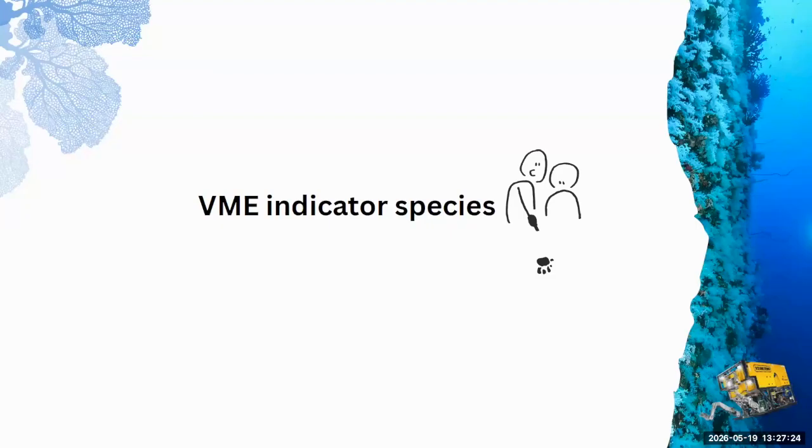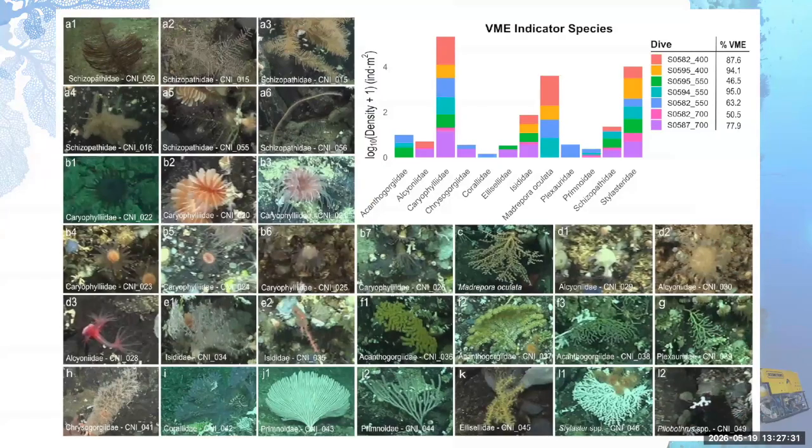Now let's talk about the vulnerable marine ecosystem indicator species that we recorded during this study. We recorded 32 VME indicator species, and all these species are listed here. It is also interesting that different transects had different variations of the VME percentage.